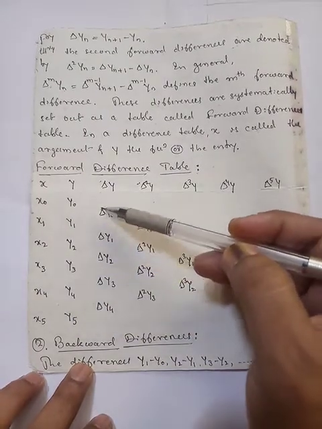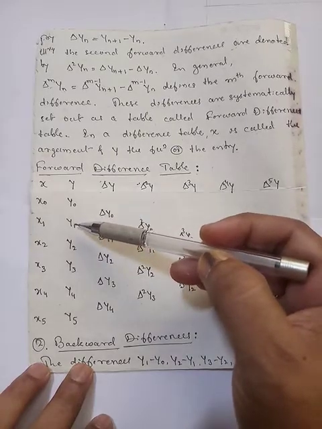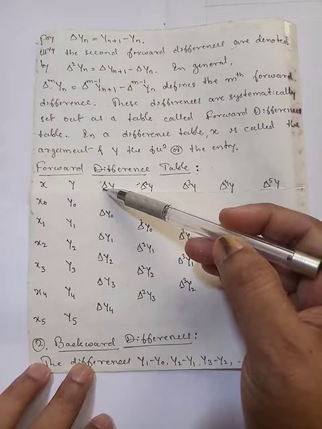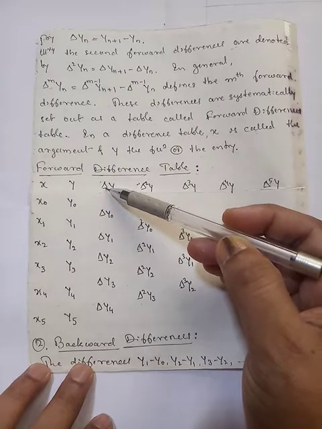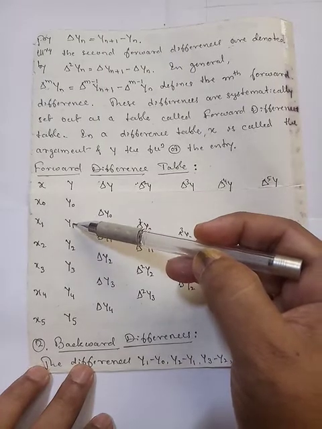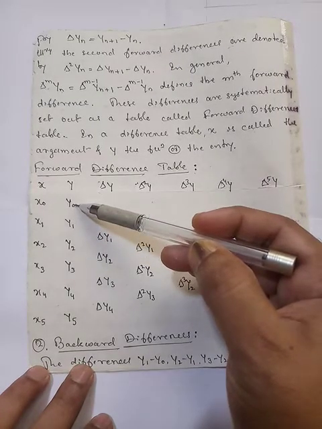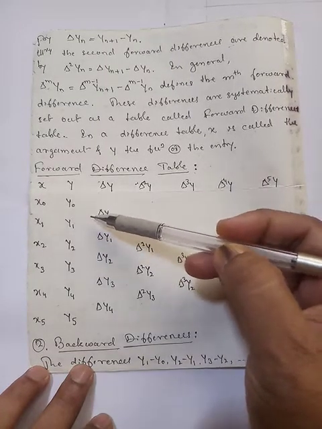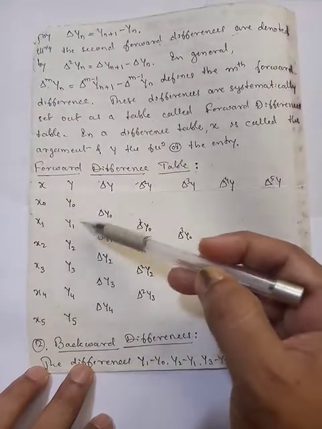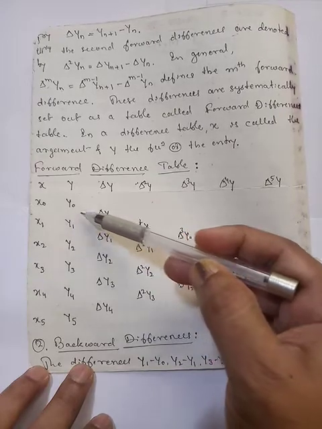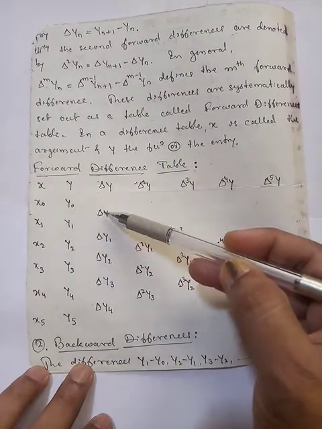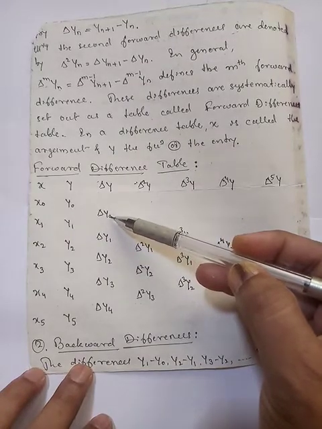As we just discussed, the first forward differences are denoted as delta y. We take the difference y1 minus y0, and we write it in the middle of y0 and y1 as delta y0.